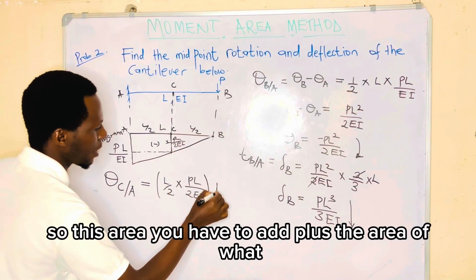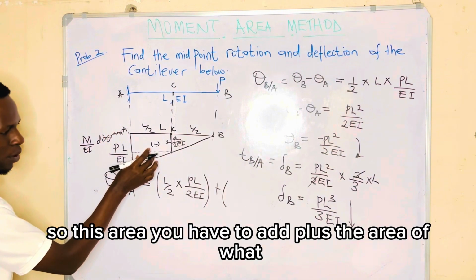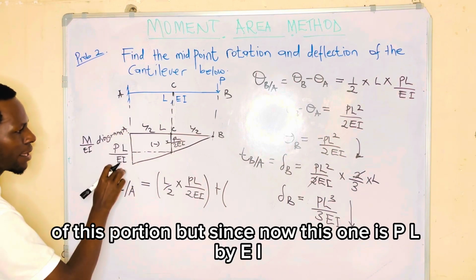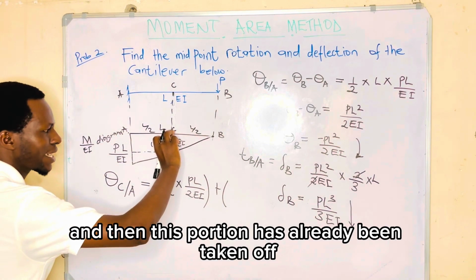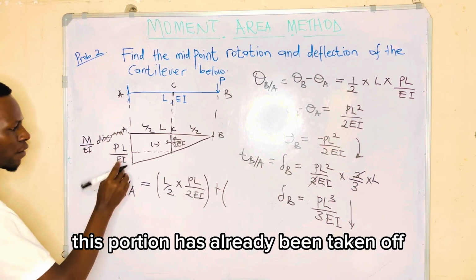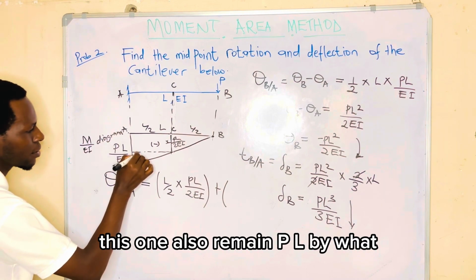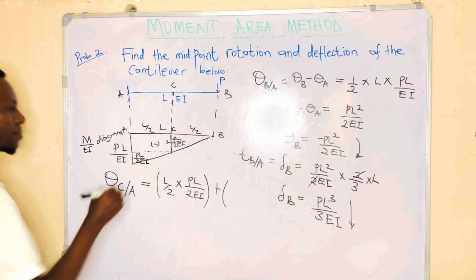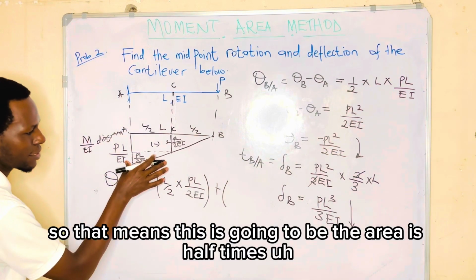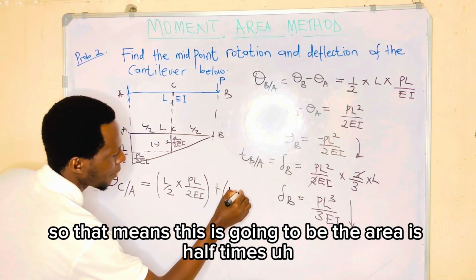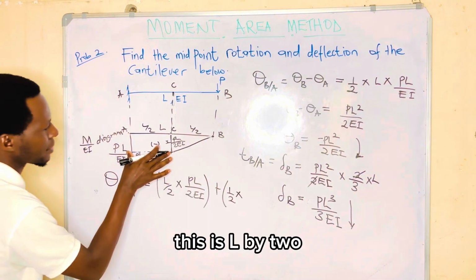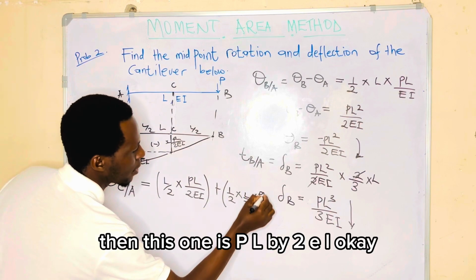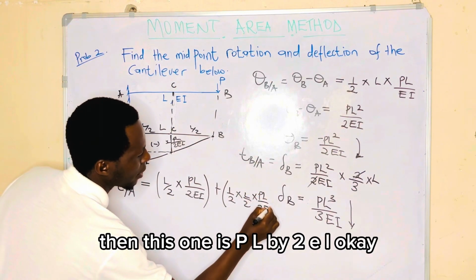So to this area you have to add the area of this portion. But since this one is PL by EI, and this portion has already been taken off, this one also remains PL by 2EI. So the area is half times L by 2 times PL by 2EI.